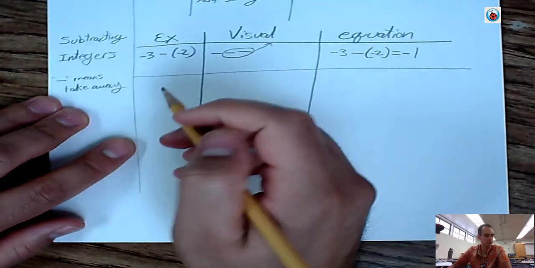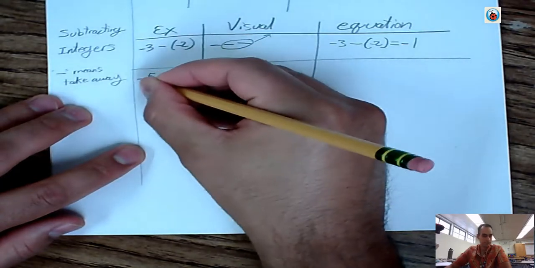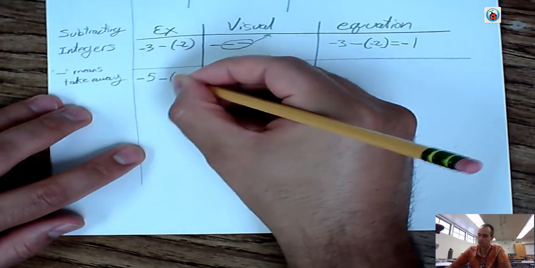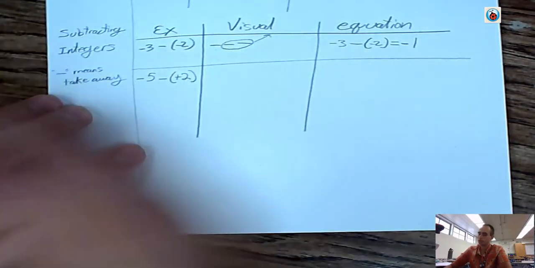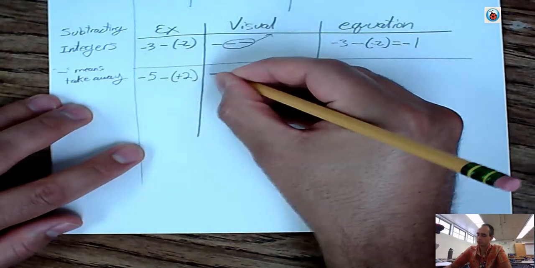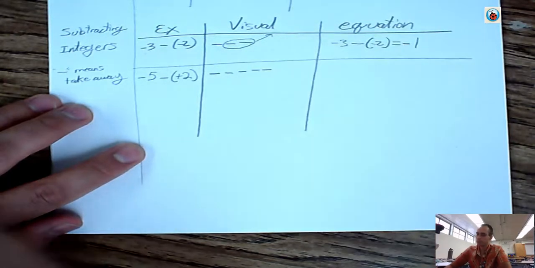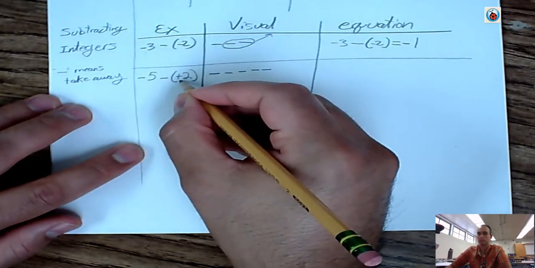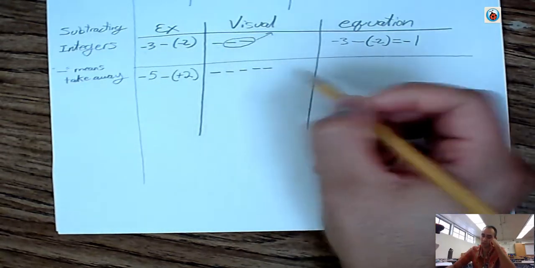Let's try the next one. Negative 5, take away positive 2. So, here's where it gets tricky. I have 5 negatives. 1, 2, 3, 4, 5. Take away 2 positives. But the problem is I don't have 2 positives here, do I?